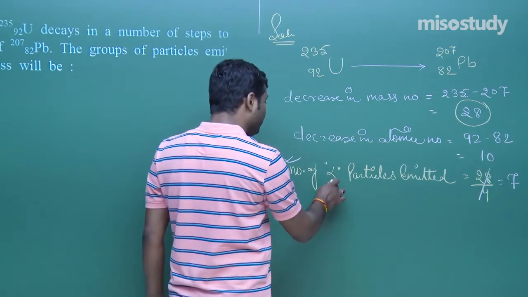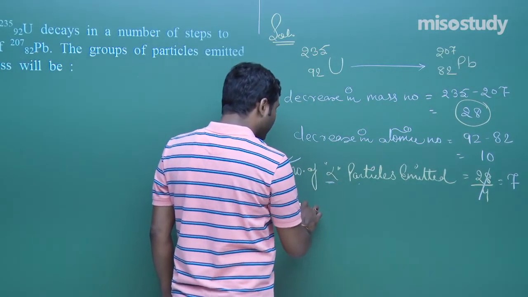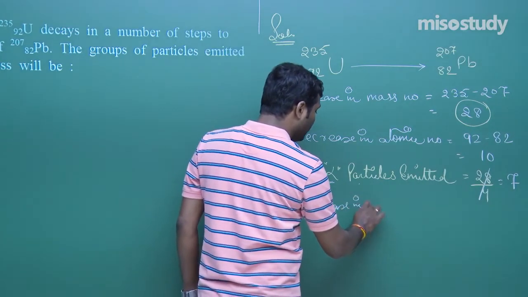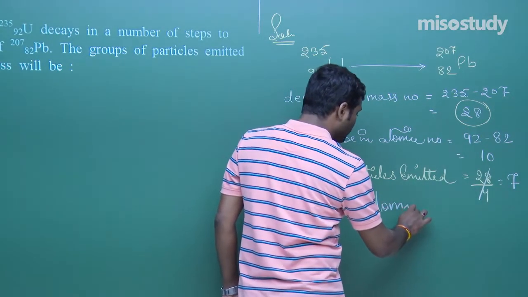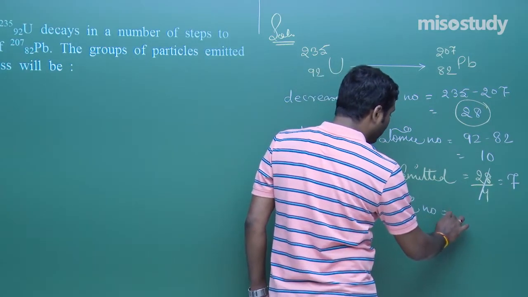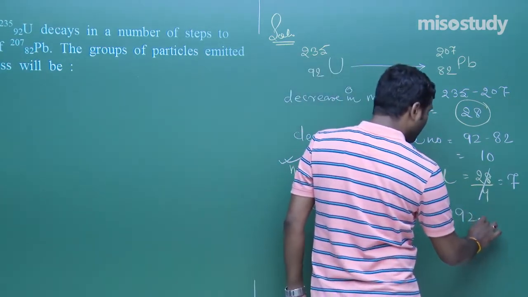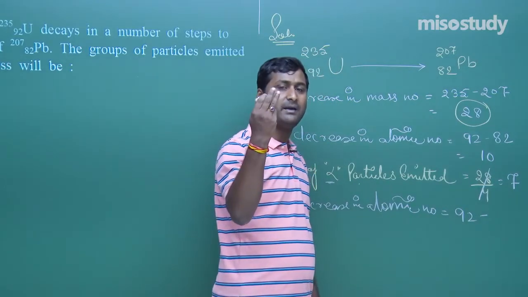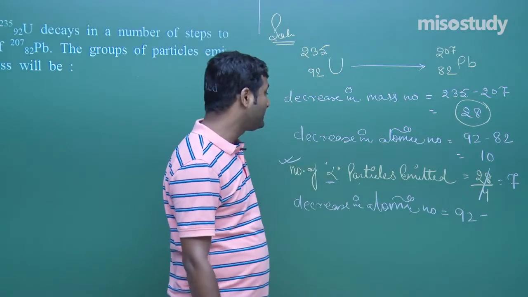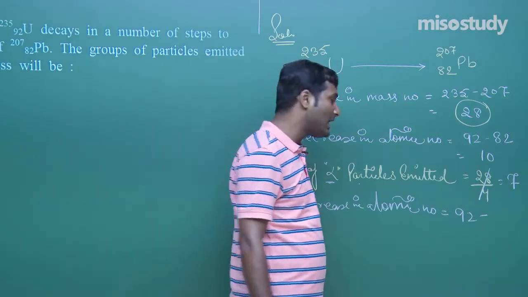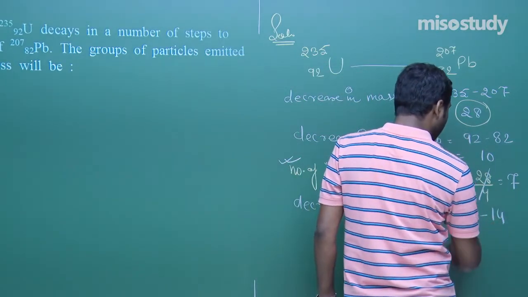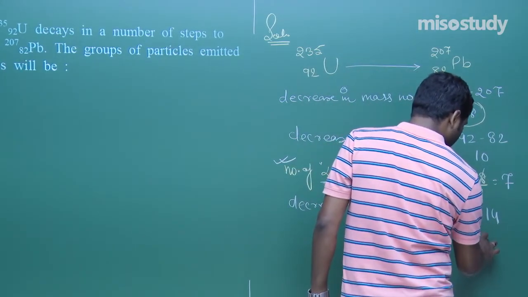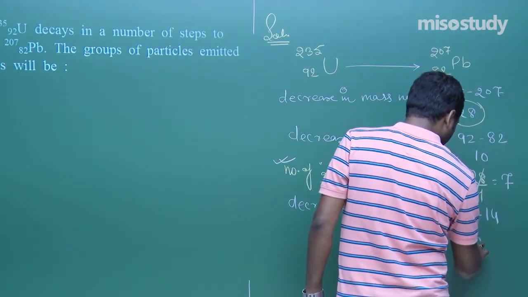Now if the alpha particles are emitted, then what will be the actual decrease in atomic number in this case? The actual atomic number will be 92 minus, as the emission of 1 alpha particle decreases the atomic number by 2, here with 7 alpha particles, 7 times 2 is 14, so 92 minus 14 will be equal to 78. Clear, my friend?